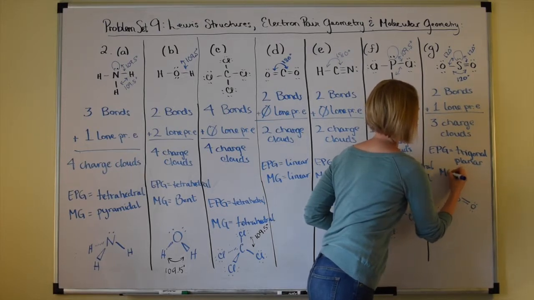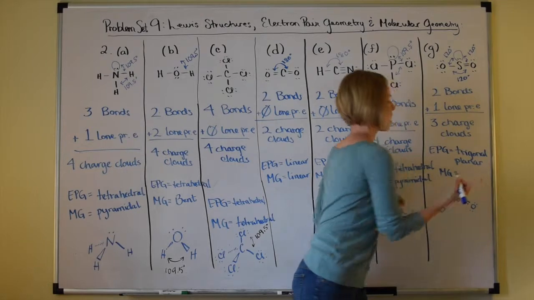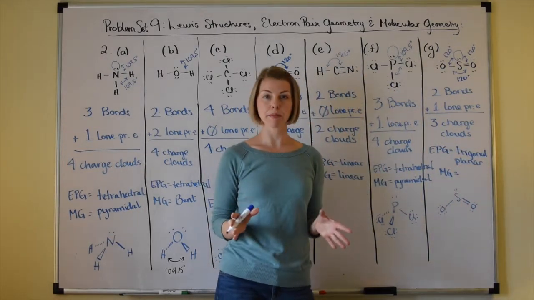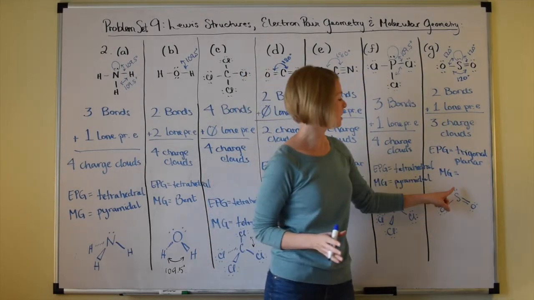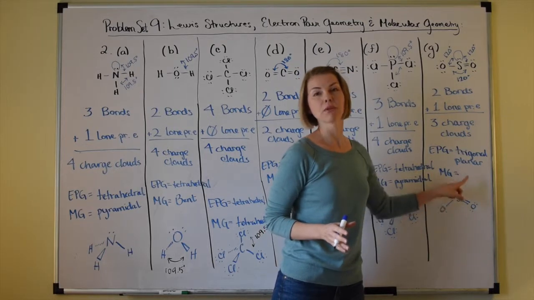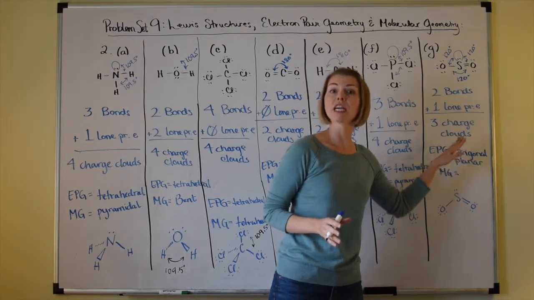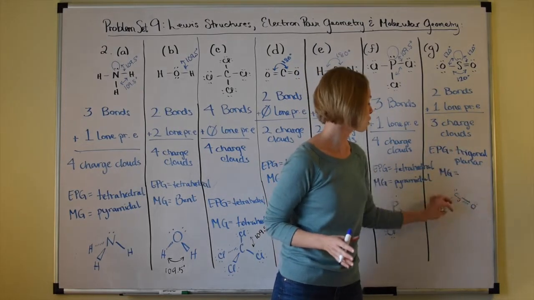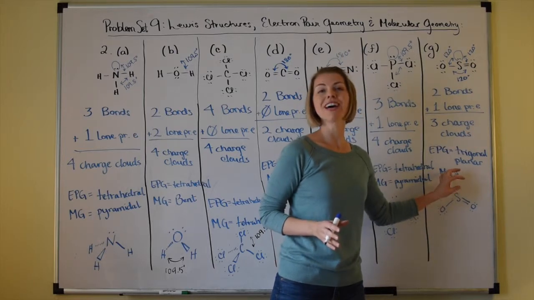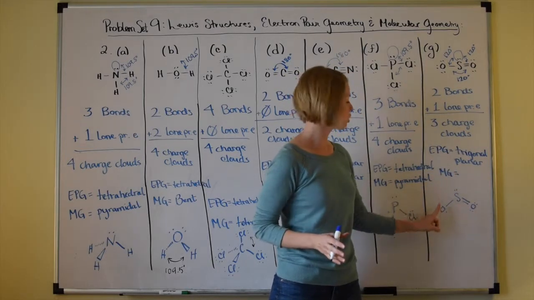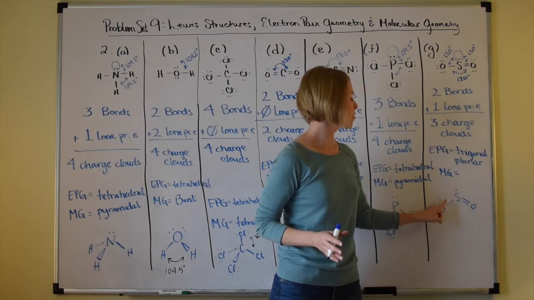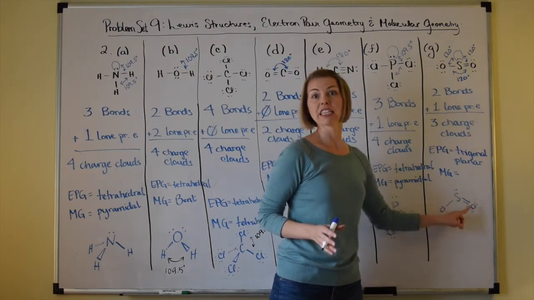The molecular geometry is not going to be the same as the electron pair geometry because there's a lone pair. And remember that although the electron pair geometry accounts for all 3 charge clouds, including the lone pair, the molecular geometry is just looking at these atoms that are bound together and the shape that they take.